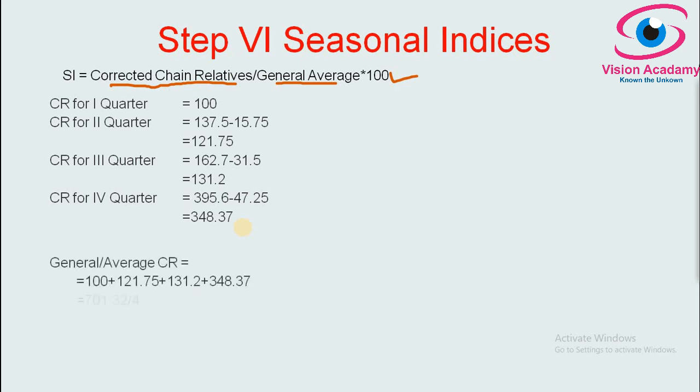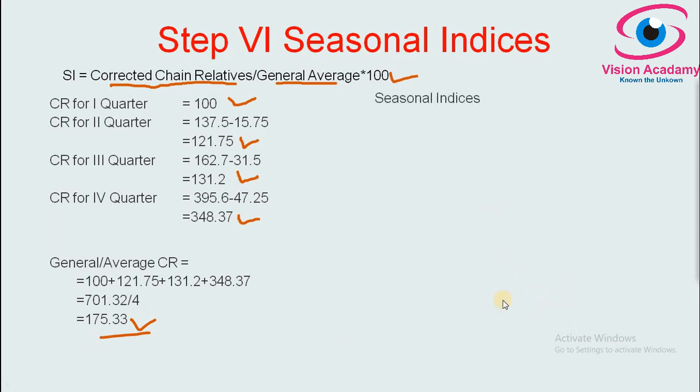Here the general average is 175.33. Assume these corrected chain relatives are the means, and when we divide the mean by the general average, we will get the seasonal indices under chain link relatives.